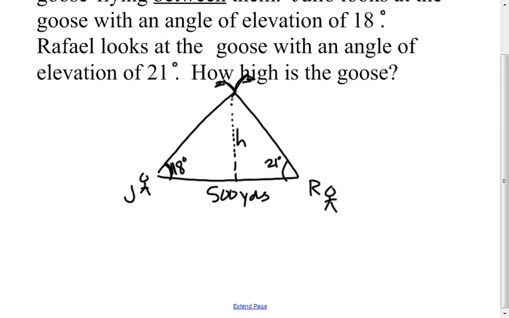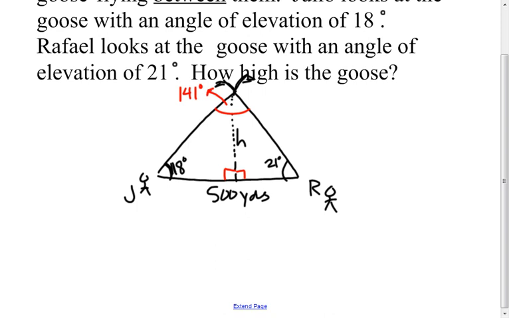I want to find the height, and people obviously know that this is 90 degrees. Height is always measured straight up and down, so that's not a problem. Those are 90s. Actually, you can do this: 180 minus 18 minus 21 makes this angle right here be 141 degrees.